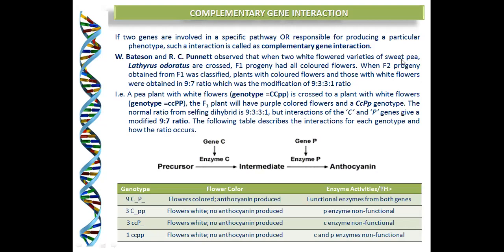But now listen carefully. Bateson and Punnett found that the F1 progeny produced colored flowers, means purple color flowers. The male parent is producing white flowers, the female parent is also producing white flowers, so according to Mendel, the F1 progeny should also produce white flowers only.